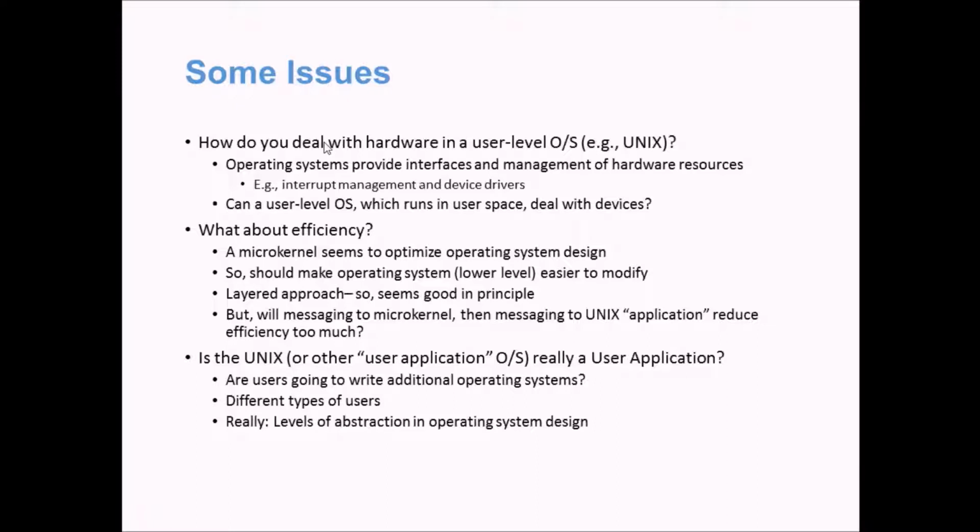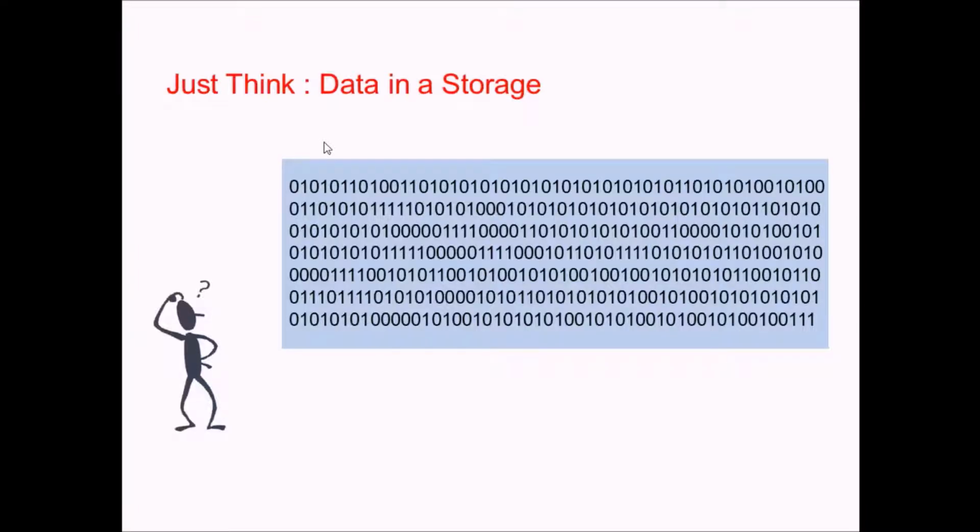Are different types of users really the levels of abstraction in the OS design? Also file systems: the file system contents are organized into files and directories, and the files are stored as data, which can be shown as below.